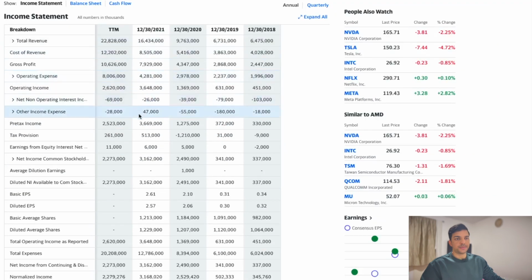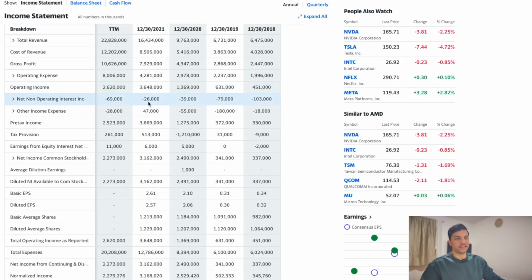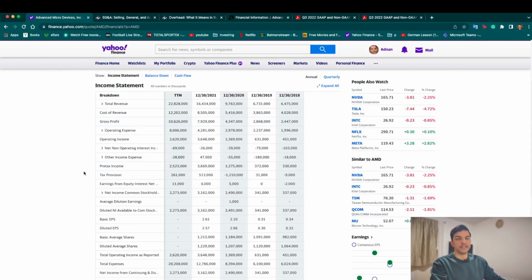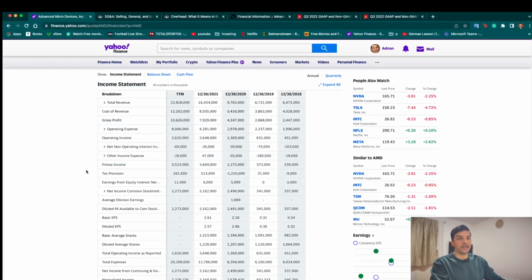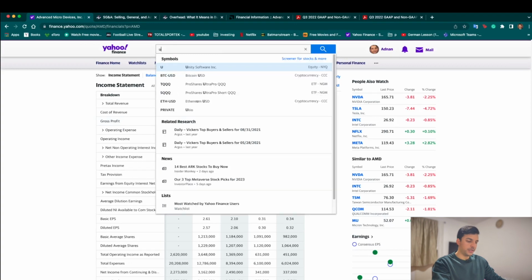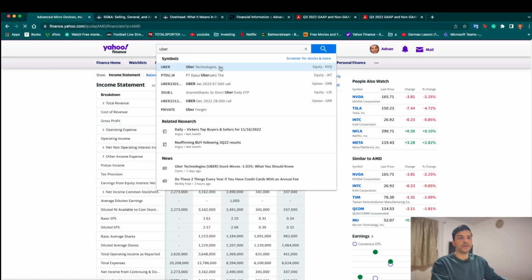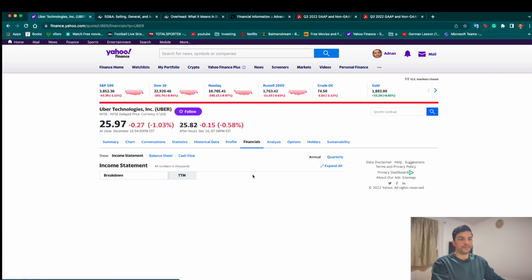Based on all these terms, the income statement of a company looks very good. They're increasing the revenue, their gross profit is increasing, and also their operating income is increasing. Let's say this is an income statement of an average company. It might be that not everybody would agree with this, but let me show you an example of Uber, whose income statement doesn't look as good as you have seen on this AMD.